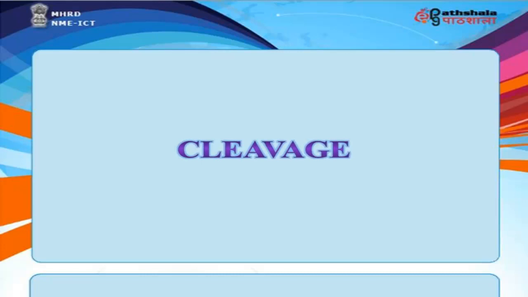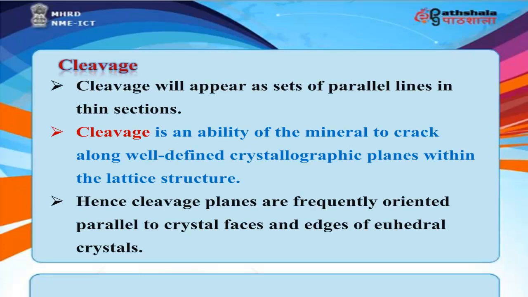Cleavage. Cleavage will appear as sets of parallel lines in thin sections. Cleavage is the ability of the mineral to crack along well-defined crystallographic planes within the lattice structure. Hence, cleavage planes are frequently oriented parallel to crystal faces and edges of euhedral crystals.